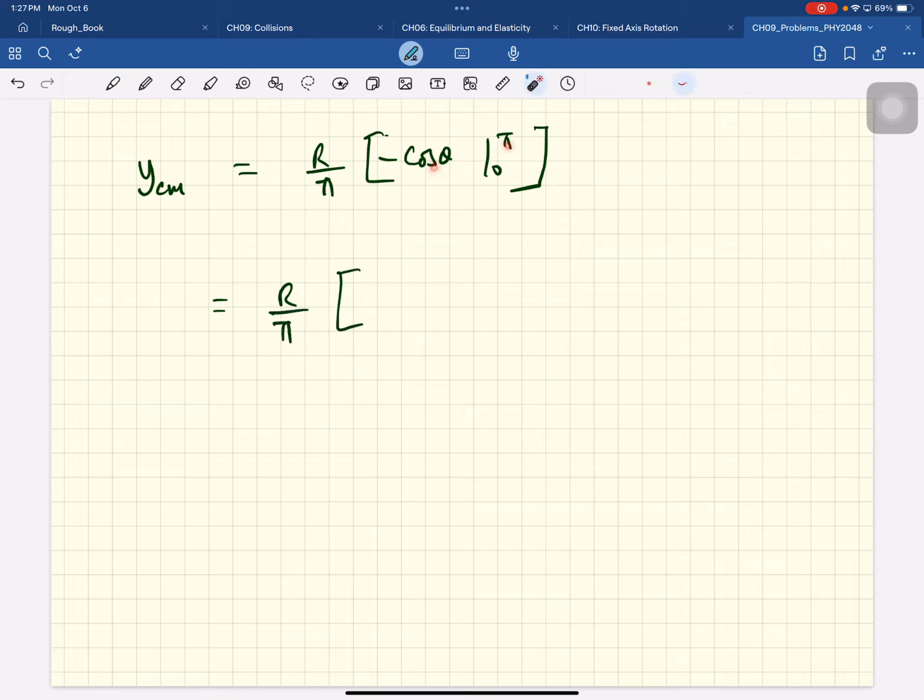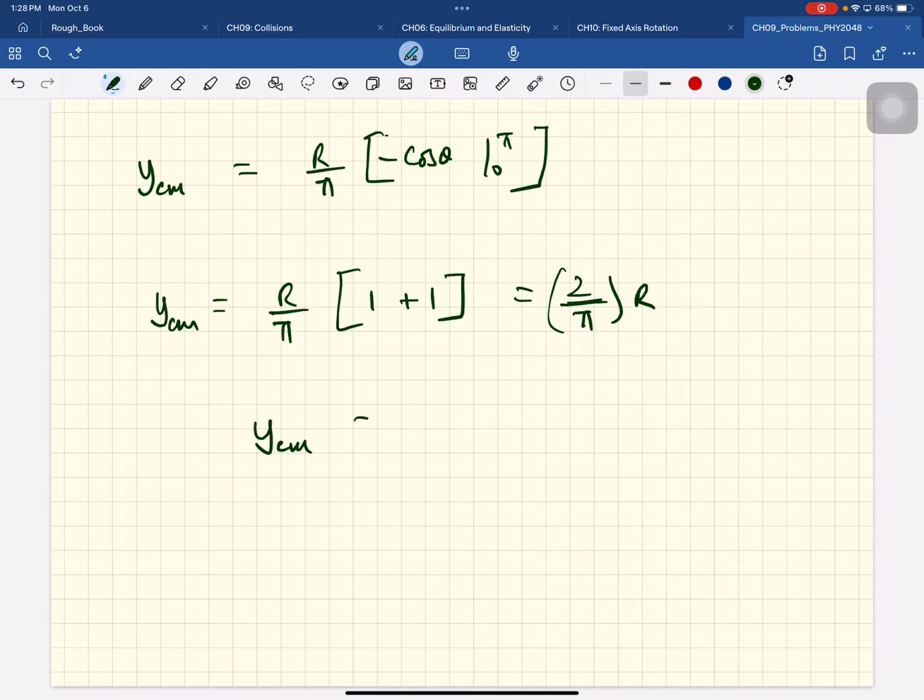Cosine of pi is minus 1, minus of minus 1 is plus 1. And then cosine of 0 is 1, but this is minus, so minus 1. So we get 2 over pi times r. So y center of mass is 2 over pi r.